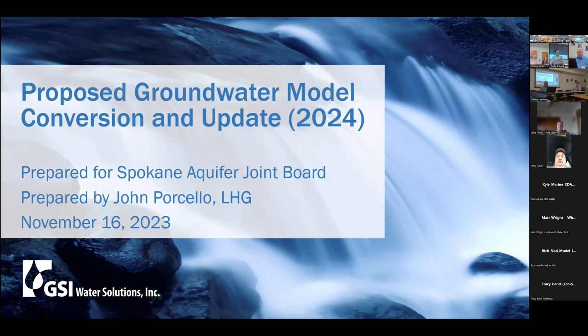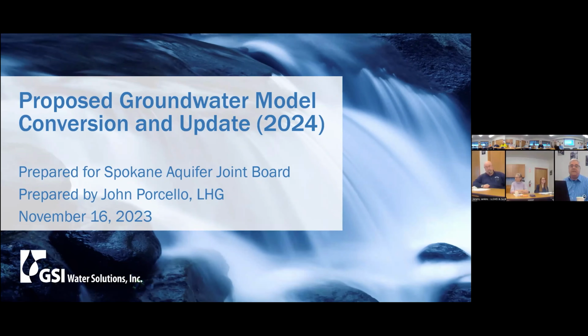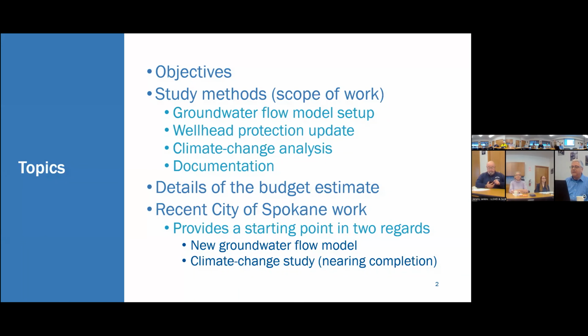I heard from various people that there was interest in updating wellhead protection areas and having some updates to the groundwater model itself, and that's what I want to talk about today. So I'm going to cover about 4 topics. First, just some objectives for what this work would be, why it would be done.